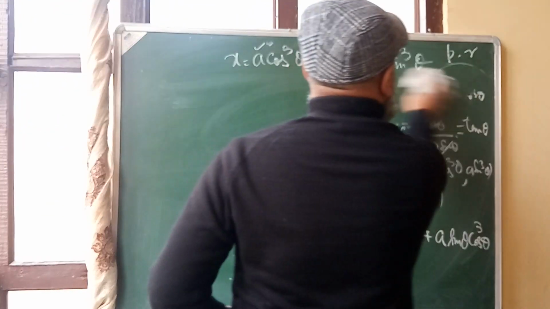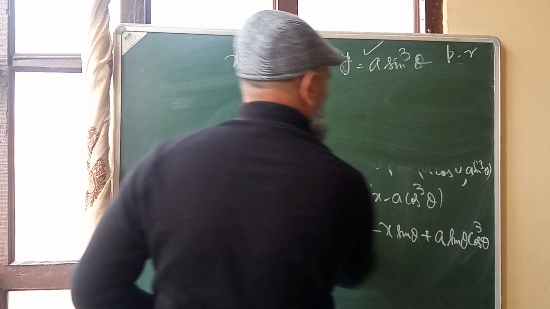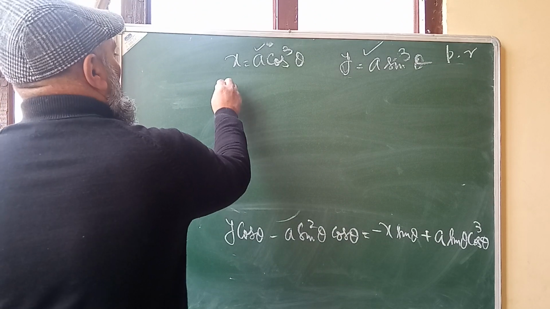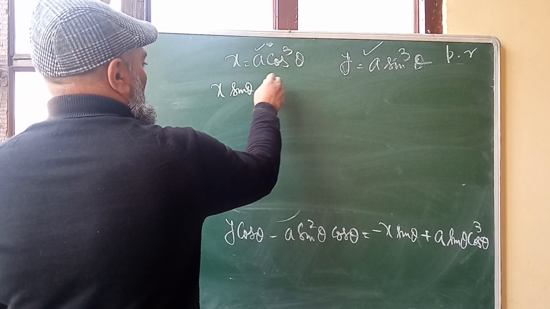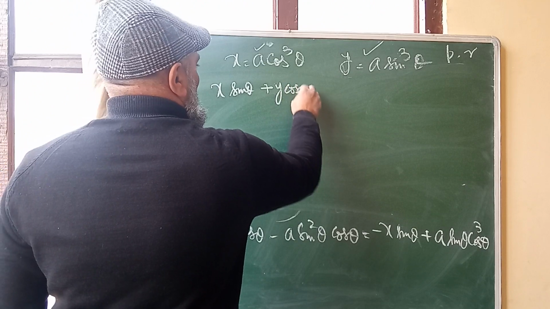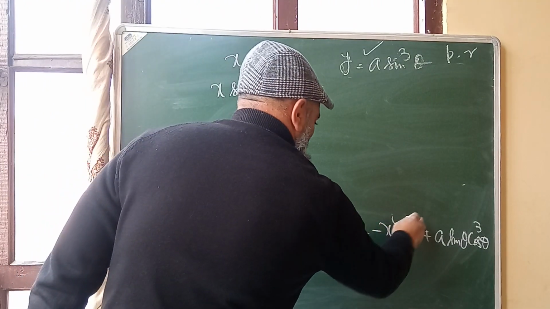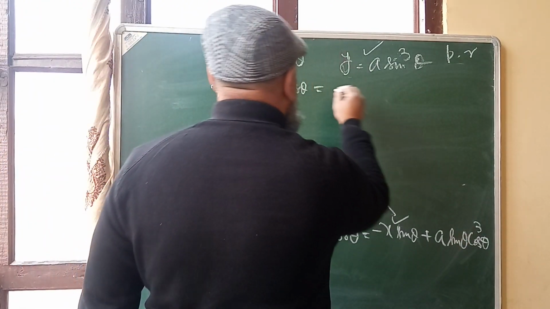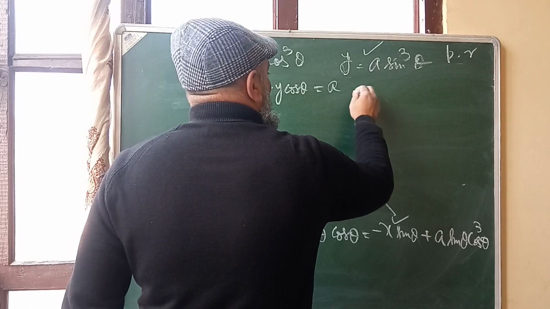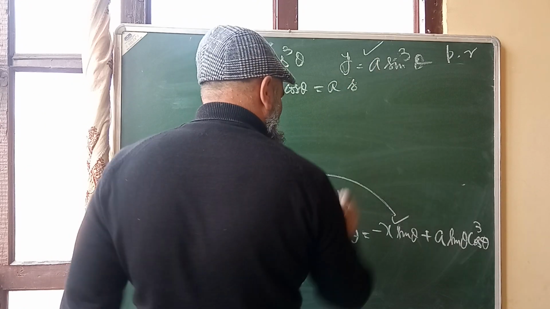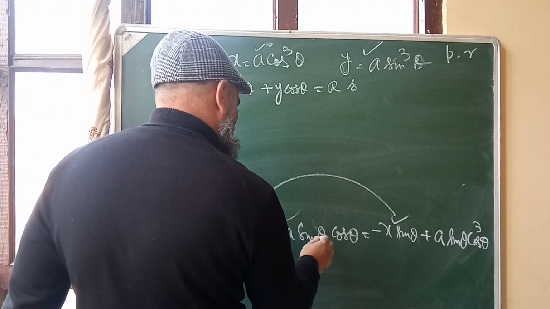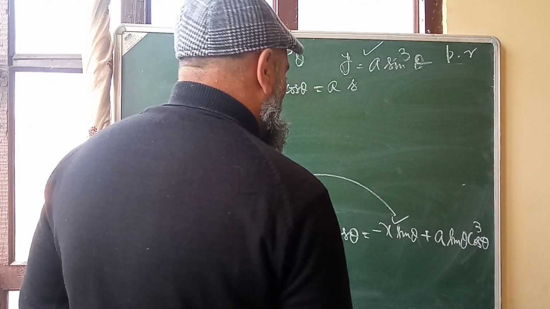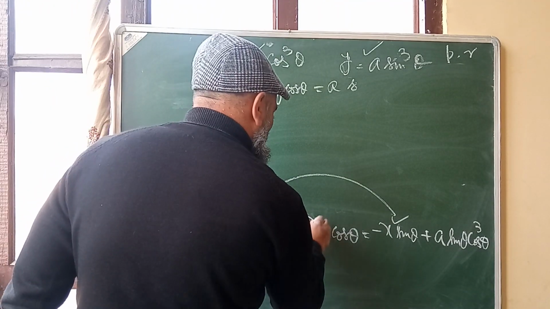Or what you have, x sin theta, y cos theta is equal, see, I have taken it here, x sin theta y cos theta. Let me take this on this side, a sin square, it is cube, it was cube here. It was cube or square? Square, I don't remember.